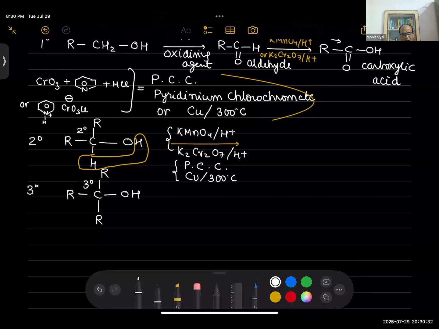In secondary alcohol, what are we going to get? Ketones. Jaslin, is it clear?